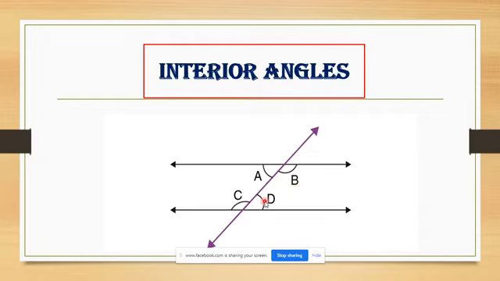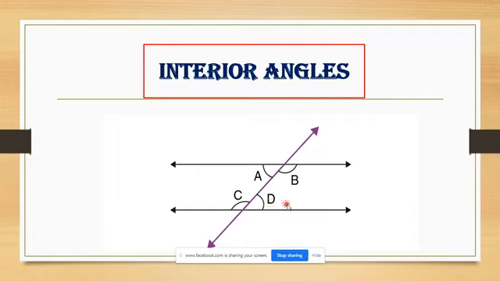Angle B and angle D, they are interior angles. How can we identify them? They are at the same side of the transversal and in the interior part of the parallel lines. Interior part. Okay, we know the interior part of the house and the exterior part of the house.